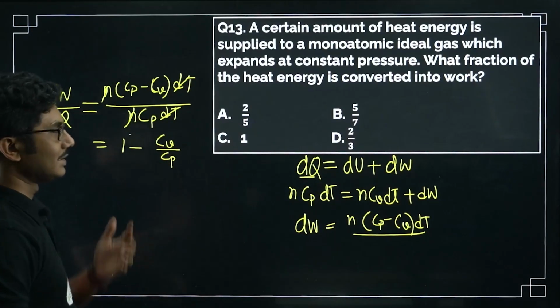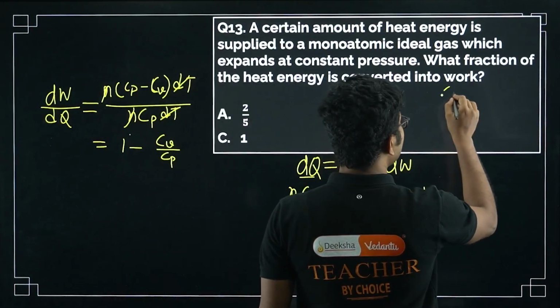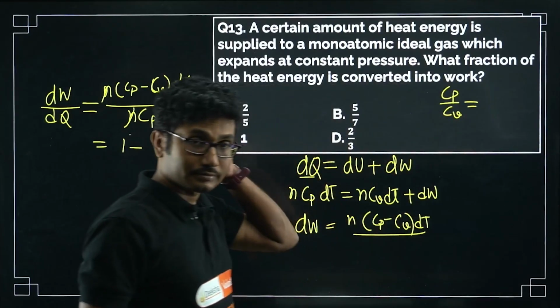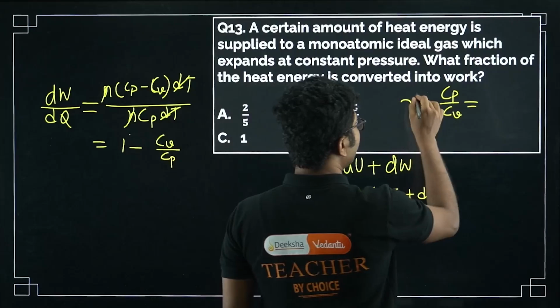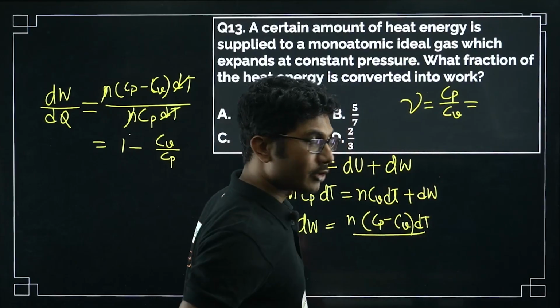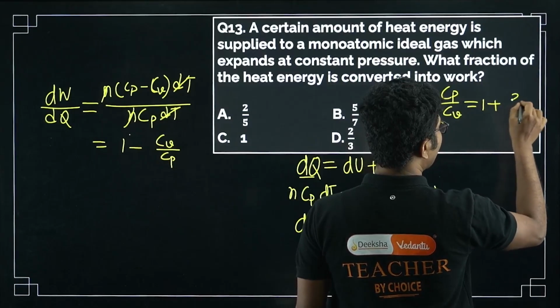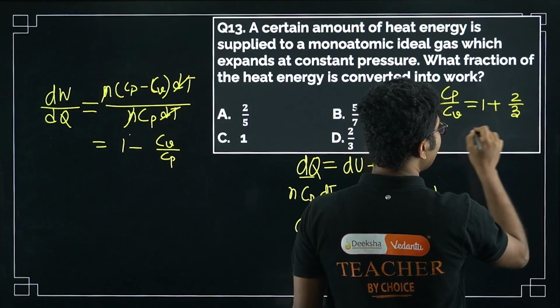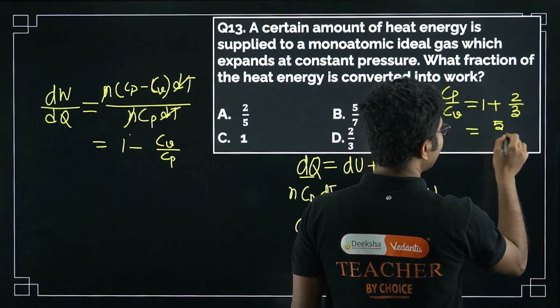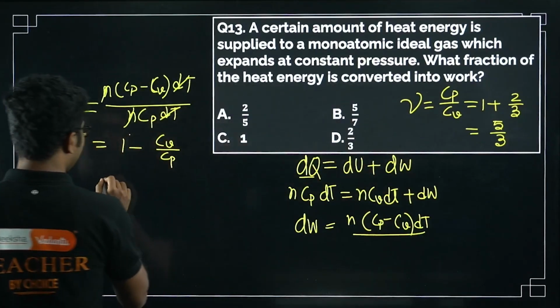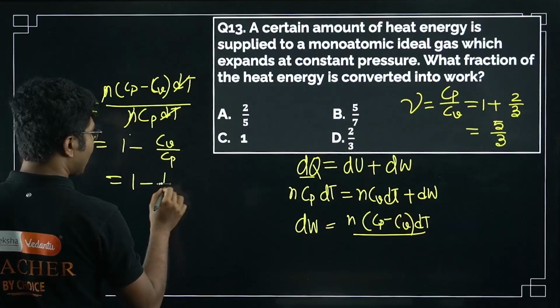We know that Cp by Cv is the ratio of specific heats. For a monoatomic gas, what is the relation? 1 plus 2 by F. So 1 plus 2 by 3, that is 5 by 3, that is the gamma. So basically what we are getting here is 1 minus 1 by gamma.